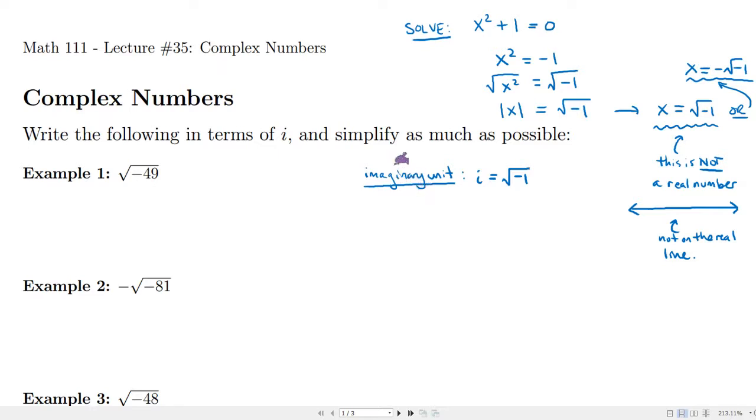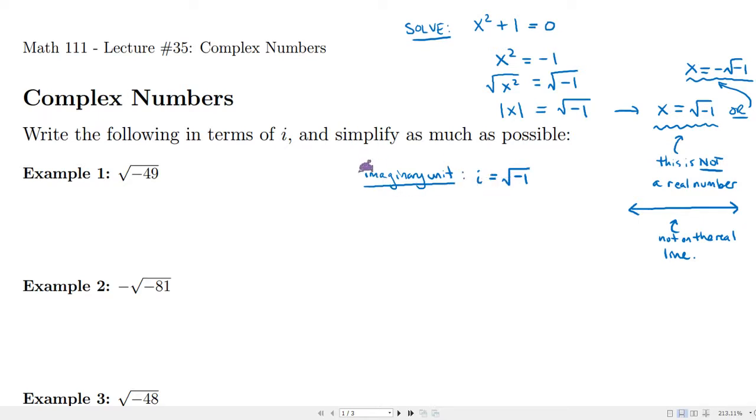Now, I don't particularly like the naming of it because it makes it seem like it doesn't exist, but it is imaginary in the sense that it is not a real number. I guess it is sort of a nice naming, but still it makes it seem like this is illegitimate.